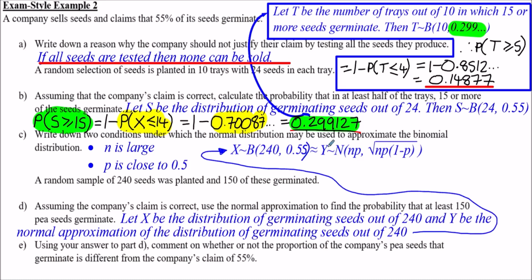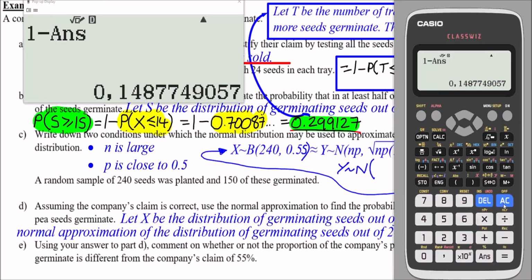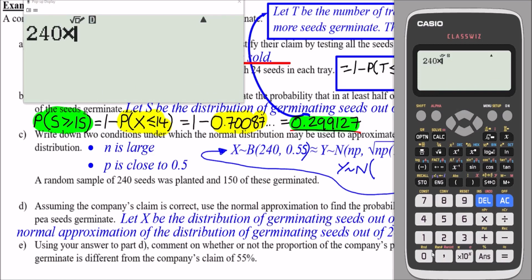Then Y, the normal approximation, will be normal with these parameters here, which we can fill in. So Y will be normal. This parameter, which should be the expected mean, is the number of seeds multiplied by the proportion of seeds which we'd expect to germinate. So 240 multiplied by 0.55. Let's do that now. That gives 132.